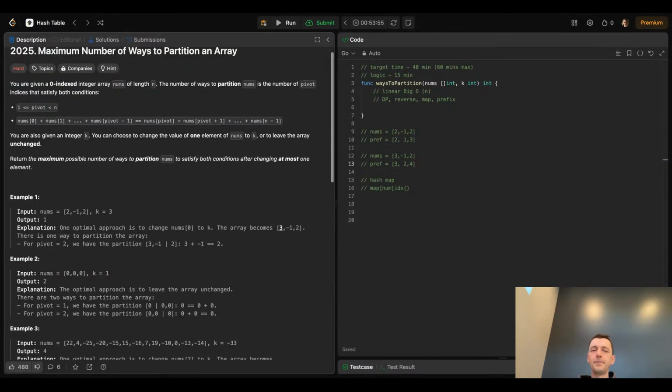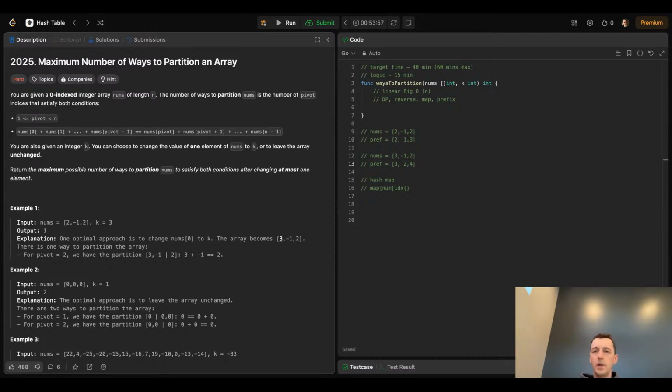So as a summary, I would say it's been a good exercise to try a harder level problem.